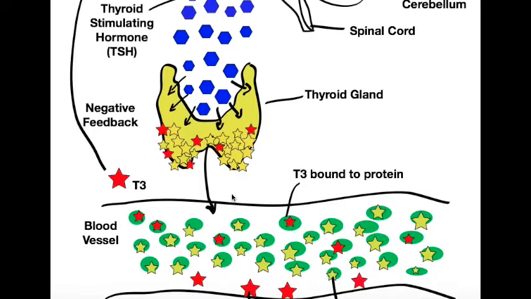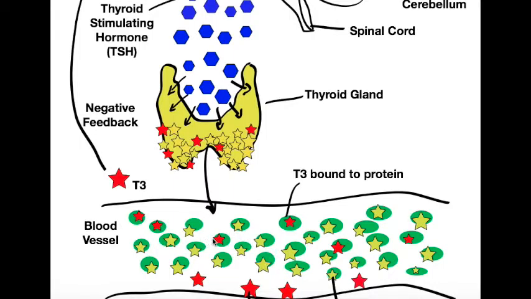But you can see where the blue hexagons have come down, the thyroid stimulating hormone here, activated the thyroid gland. The thyroid gland is producing these red and yellow stars, which are then absorbed into the bloodstream. Now in the bloodstream, 90% plus of thyroid hormones are attached to proteins. It's only the free hormone, shown here at the bottom as red stars, which actually has an impact on the body tissues.